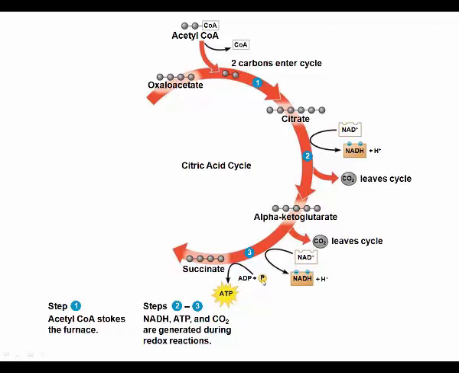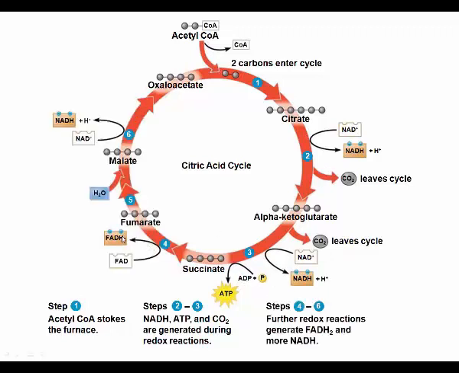Everything that we needed to get produced, for the most part, is produced here, with the exception of some FADH2 and NADH. We're going to put a little bit of water in, which is not important for us, and ultimately we're going to regenerate oxaloacetate, that 4-carbon molecule, so it can keep on being joined to acetyl-CoA. Most important is that we've reduced a bunch of NAD plus and FAD so that we can then take these high energy electrons to the electron transport chain.